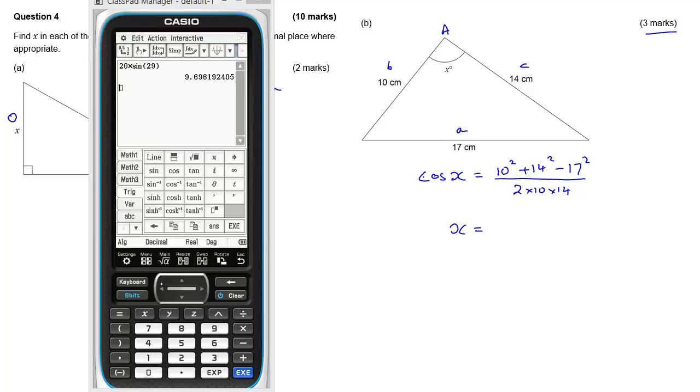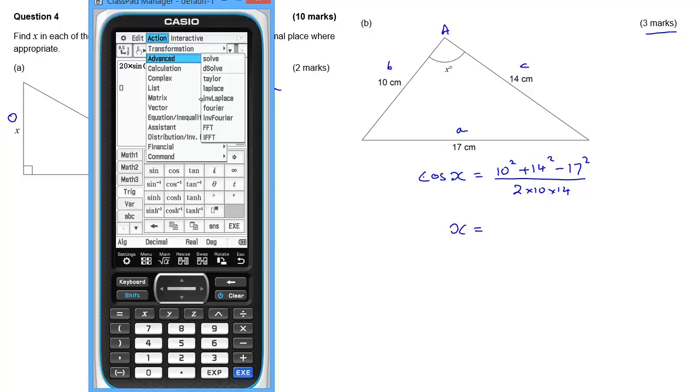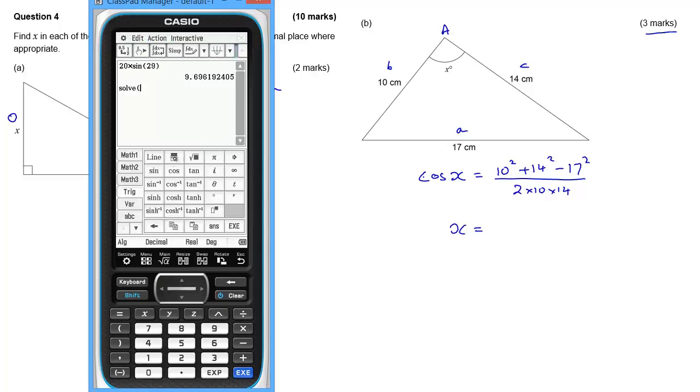So we are going to go to Action, Advanced and Solve.